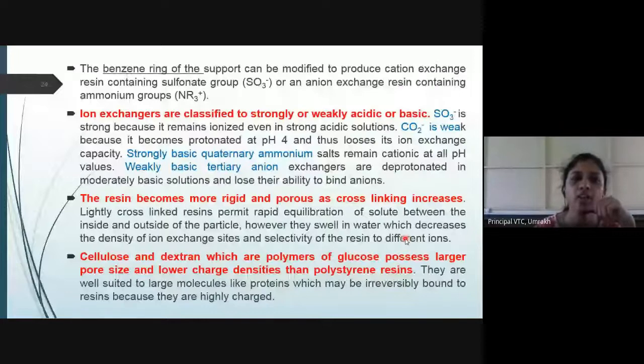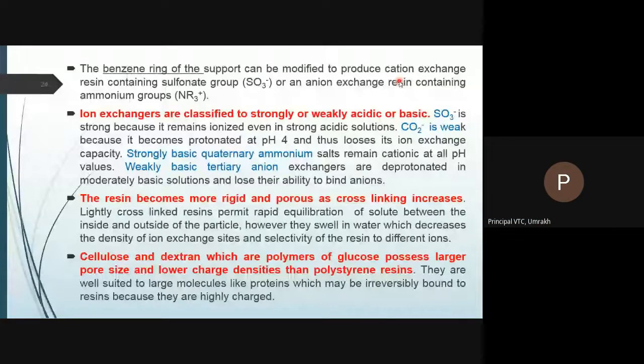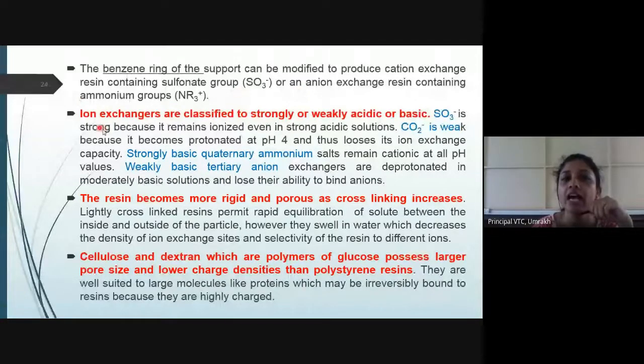Now, in a cation exchange resin there can be a sulfonate group, and in an anion exchange resin there can be ammonium. Ion exchangers, whether cation or anion exchange resins, are classified as strongly or weakly acidic or basic.